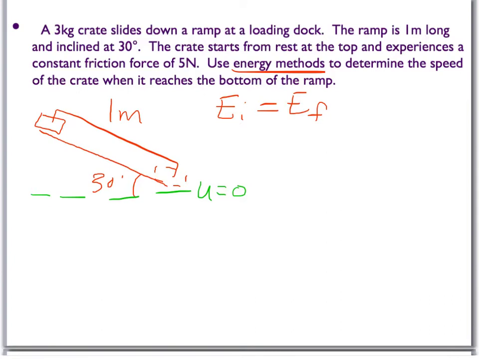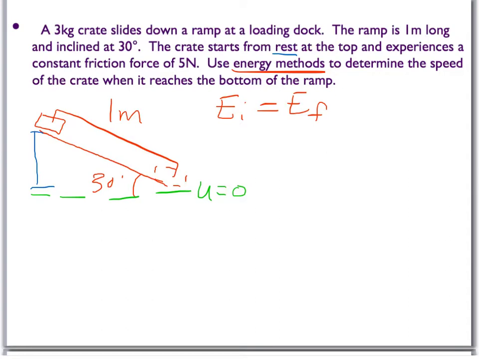We'll choose the ground. What that means is that as I look for the initial energy in the problem, I need to figure out how high the crate starts above ground. Because in this case, the initial energy is a gravitational potential energy. It starts from rest, so it doesn't have any kinetic energy at this point. It hasn't slid, so there's no friction or heat being developed, and I'm just starting out at some height above ground.